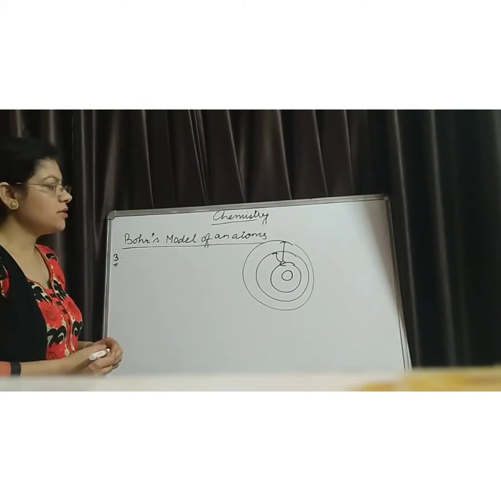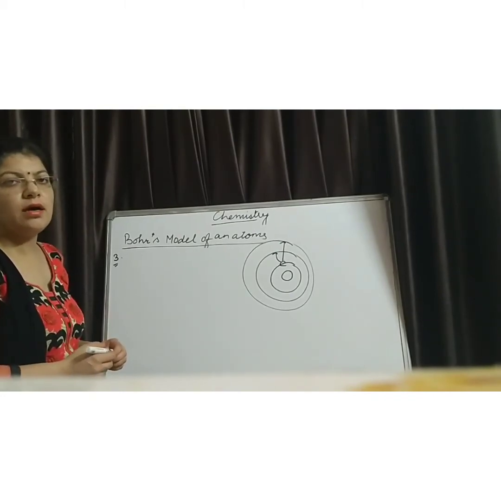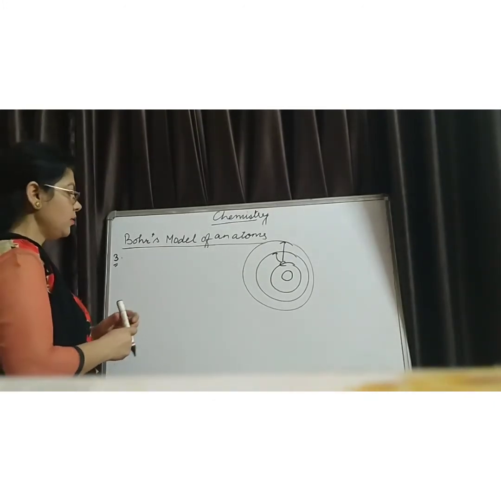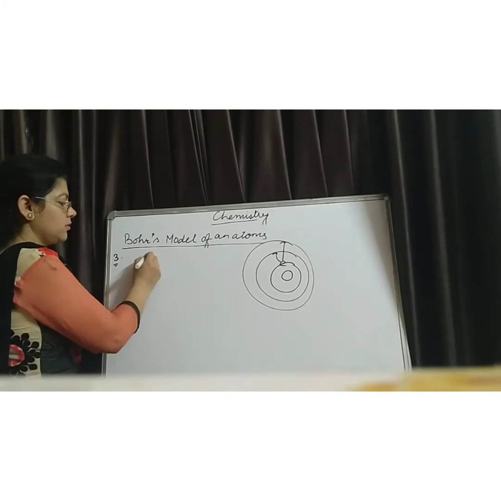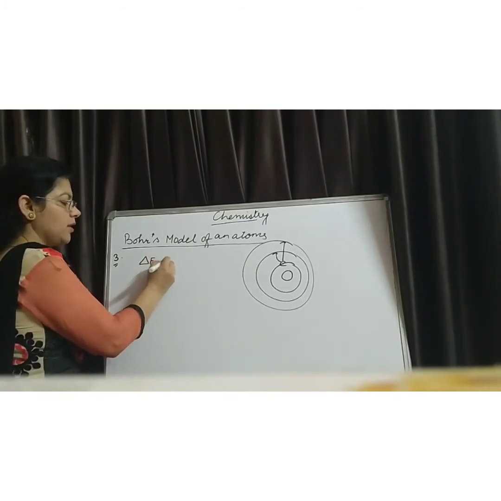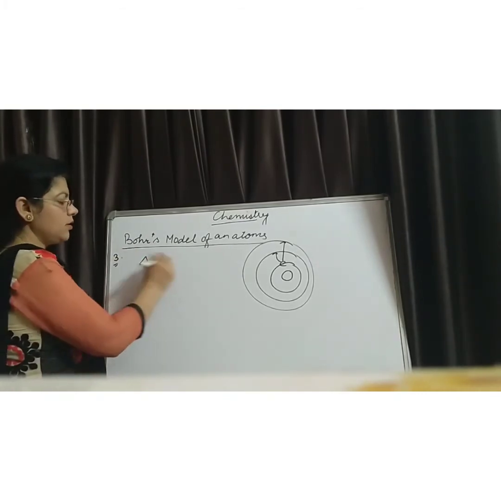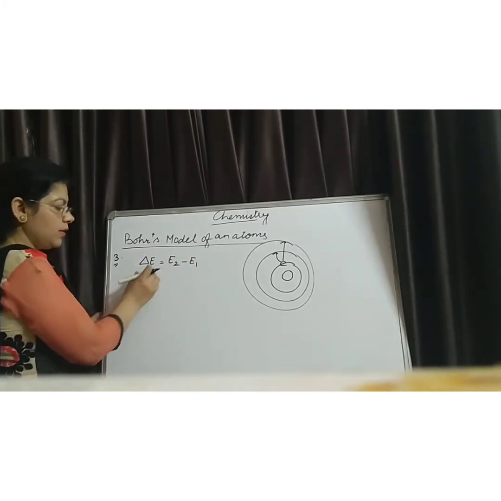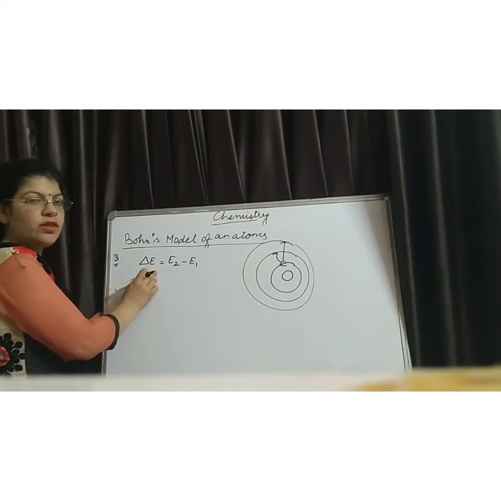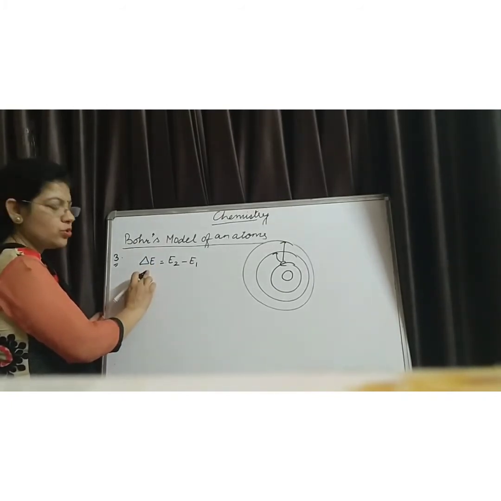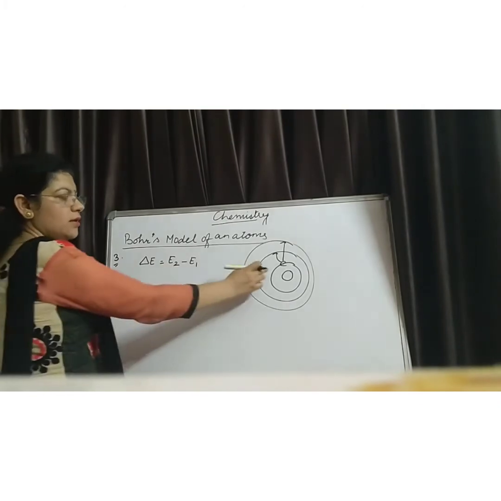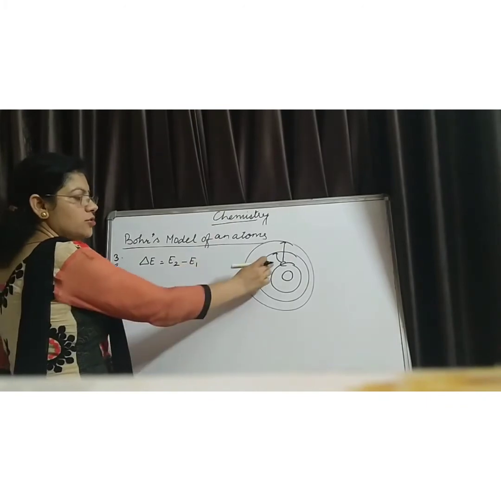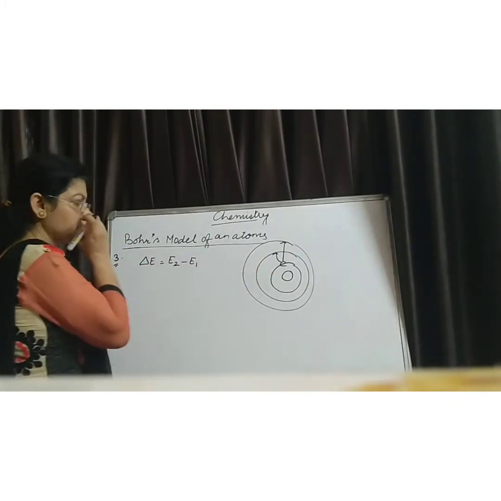That higher energy state is known as the excited state for the electrons, and we can easily calculate that energy by the formula delta E is equal to E2 minus E1, where delta E is the difference between the energy of the two shells, E2 is the energy of the higher state, and E1 is the energy of its ground state.